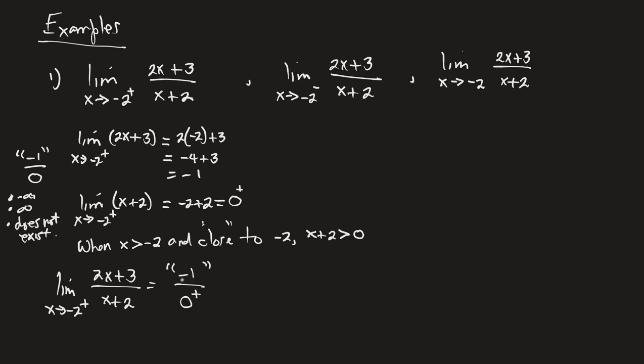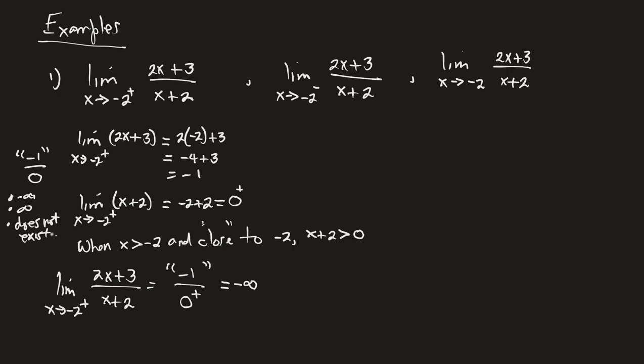So your numerator is approaching -1, but your denominator is approaching 0 from the positive side. So the net result will be something negative, and it will be negative and very, very large. Hence, the answer is -infinity, right?